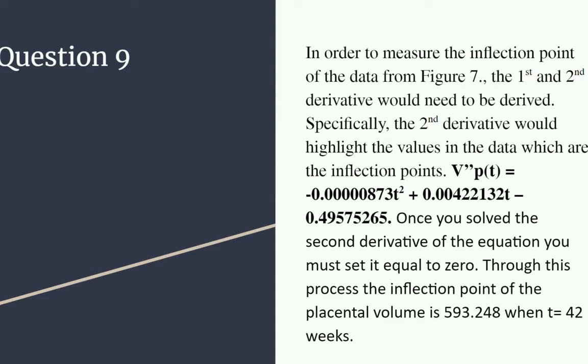Once you solve the second derivative of the equation, you must set it equal to 0. Through this process, the inflection point of the placental volume is 593.248 when t equals 42 weeks.